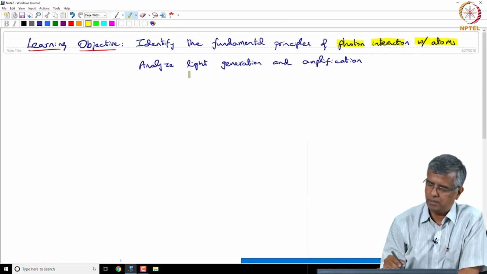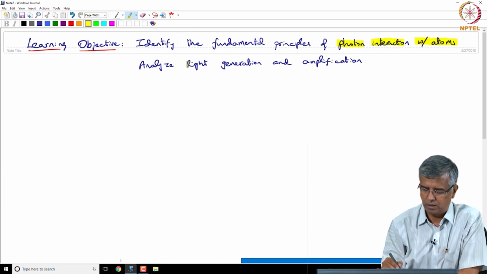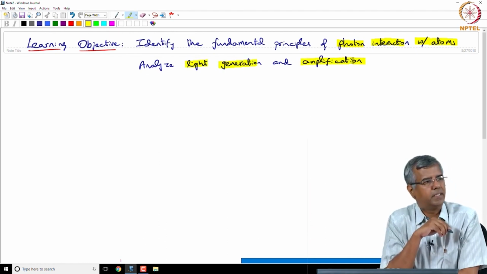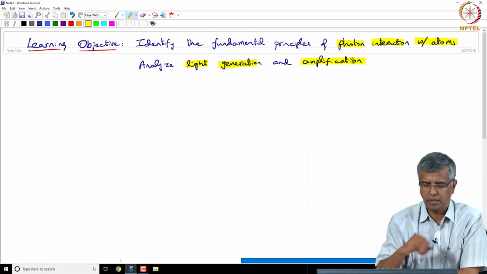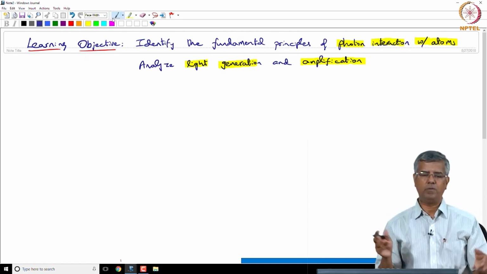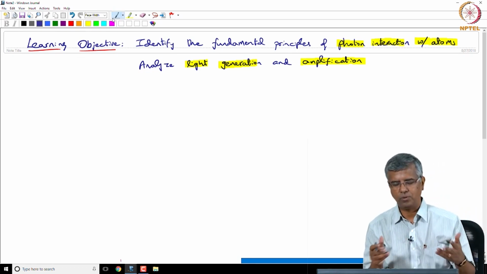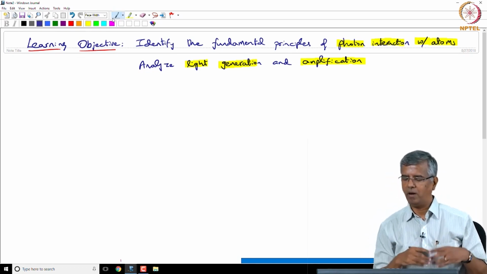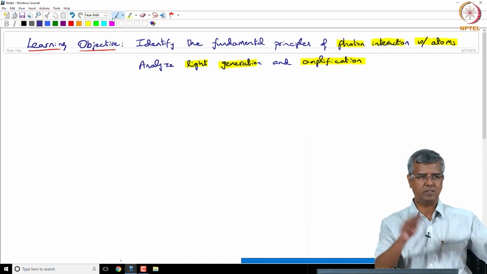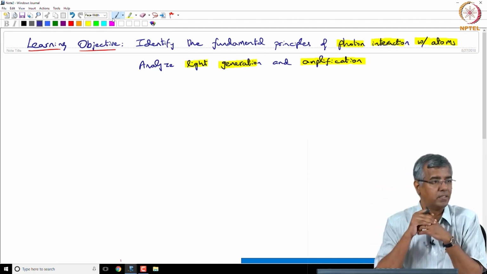The specific motivation is that we want to understand light generation and amplification. So far we have been looking at ray optics, wave optics, electromagnetic optics, photon optics, and in all of this we just assumed there is some source giving us light.